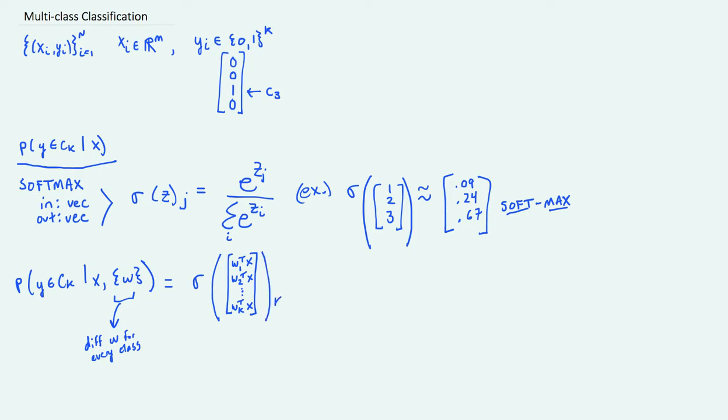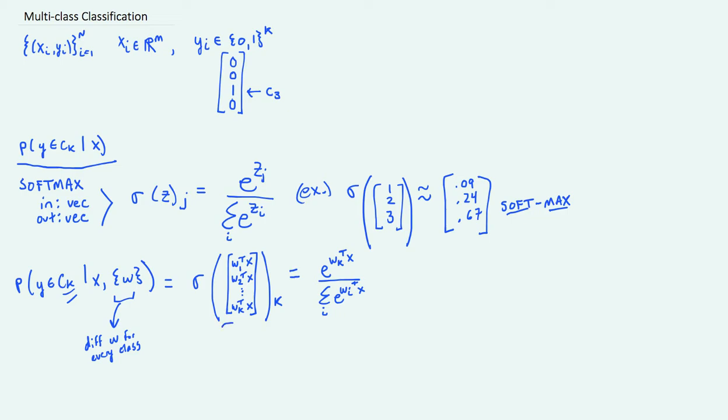And we need to take the kth element because we want the probability that y is in c_k. So to write this out using softmax, this is going to be e to the w_k transpose x over the sum of every element e to the w_i transpose x.